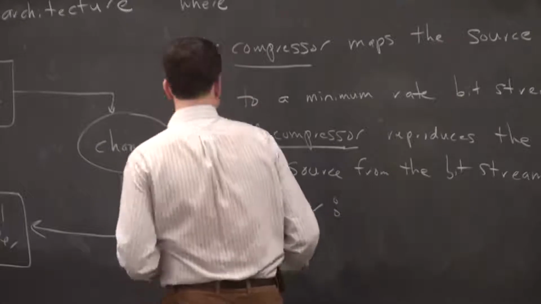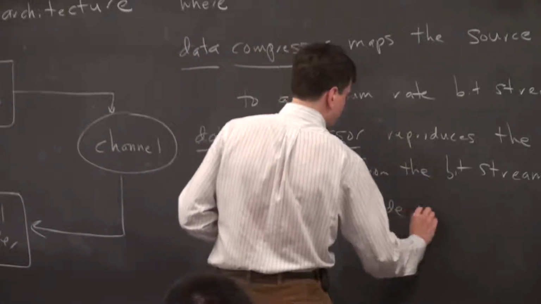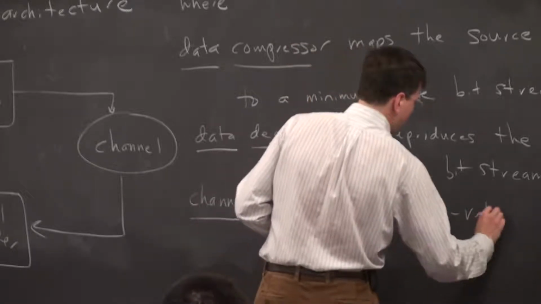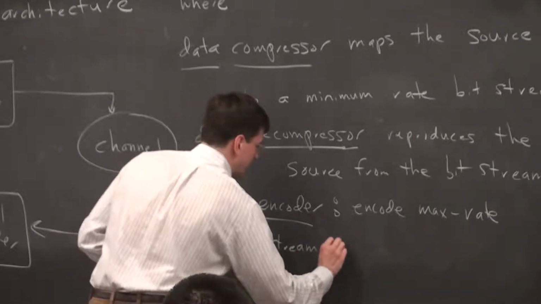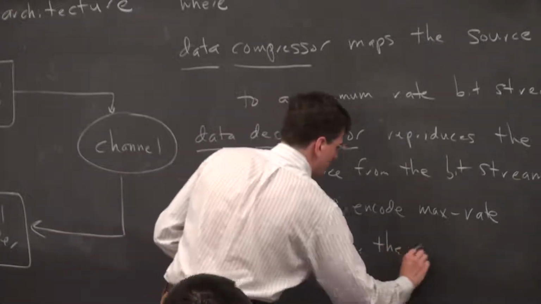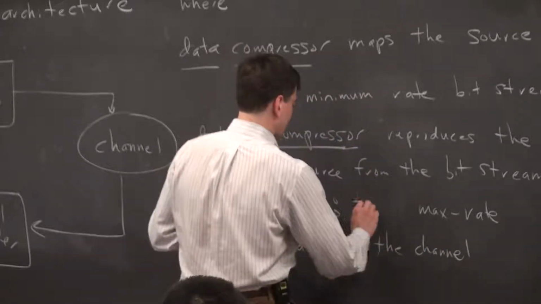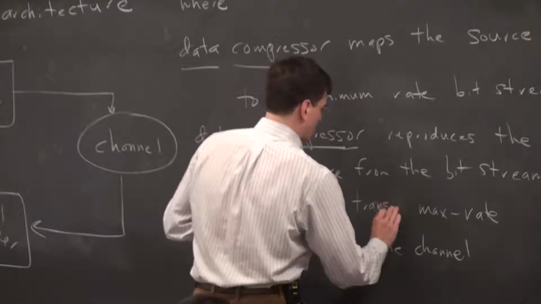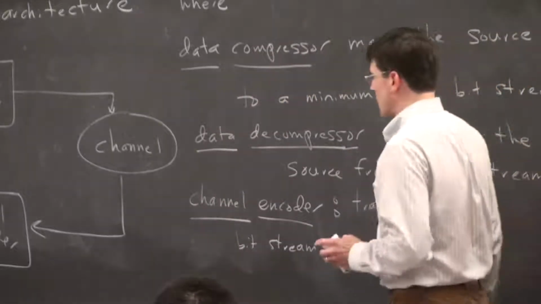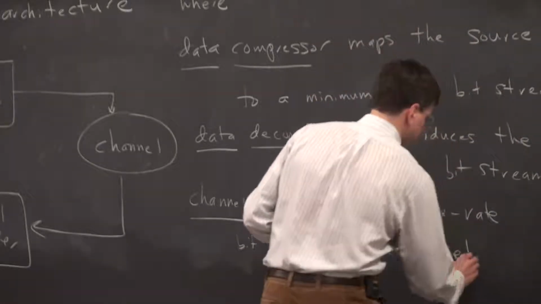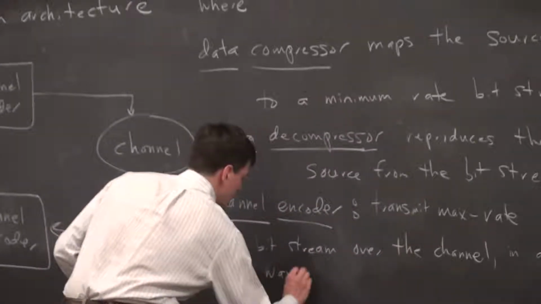The channel encoder, on the other hand, is designed to transmit a maximum rate bit stream over the channel in a way that can be recovered.